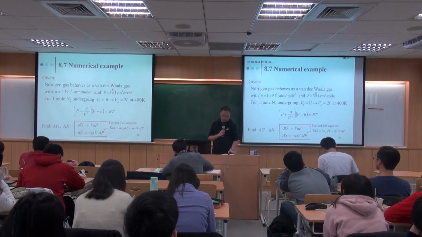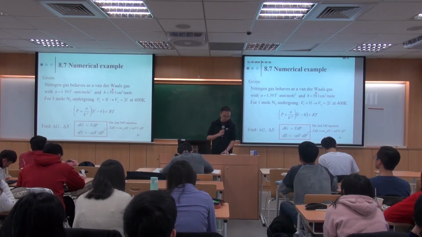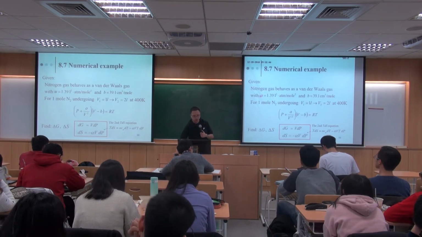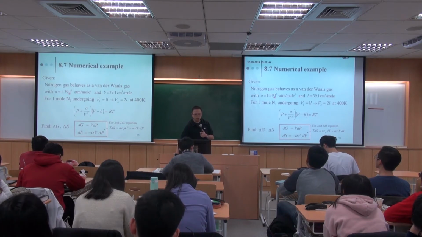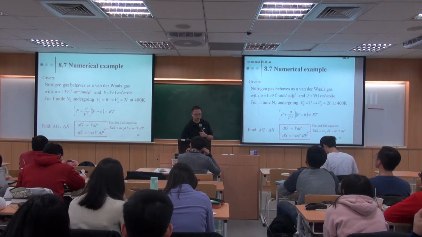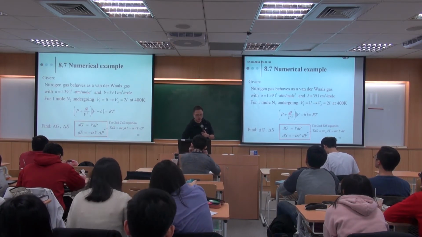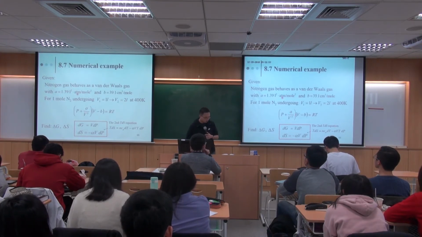I think in the textbook, the A over here is A squared, which is pretty odd because if you look at the given constant over here, A is roughly 1.4 liter square atm per mole square. So that corresponds to just A over here. If you use A squared, the unit won't fit.